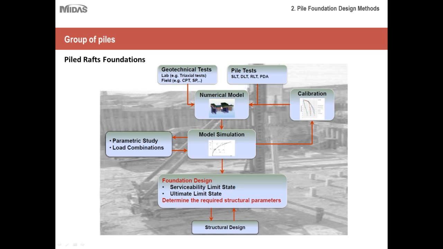Now from there you can develop a full-blown 3D model where you have all the pile elements with substructure and superstructure together, based on the parameters you obtained from the previous analysis.